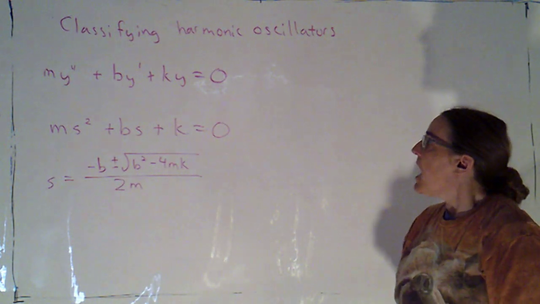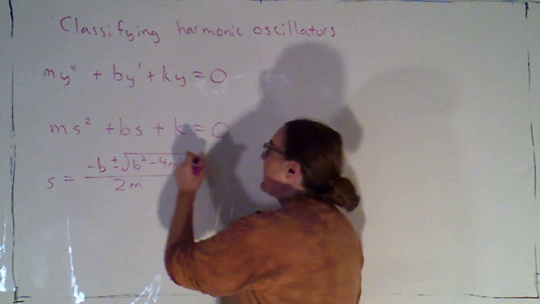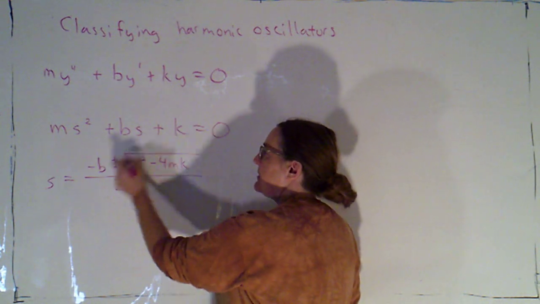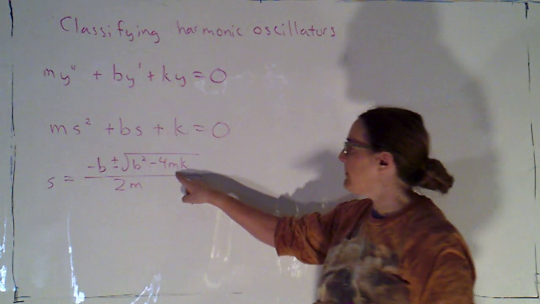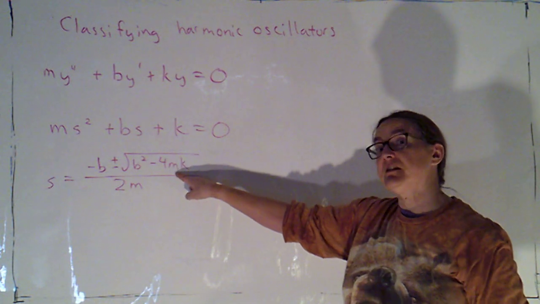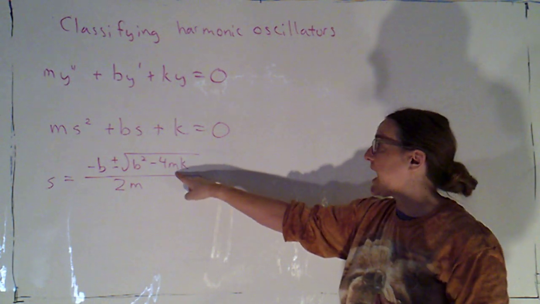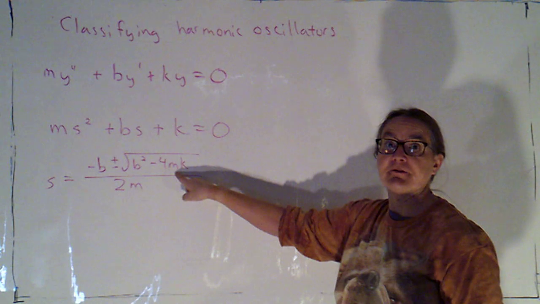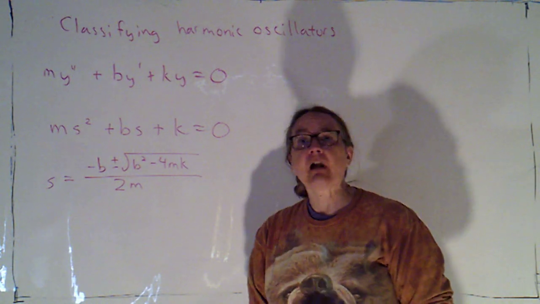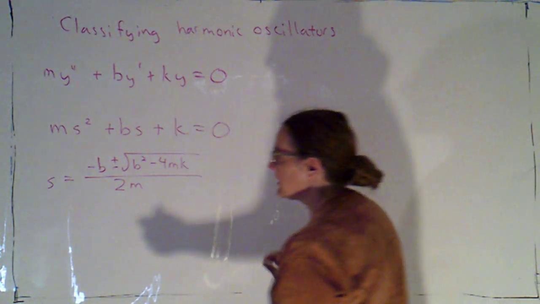All right, and so this, the b squared minus 4mk, is going to determine the number and the type of roots that I have. And basically there are 4 possibilities that we need to look at.